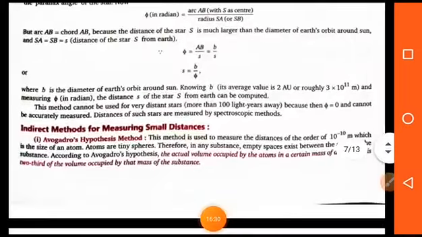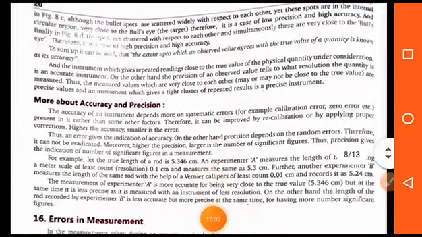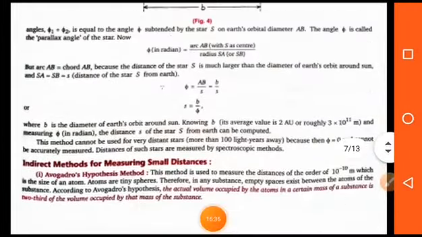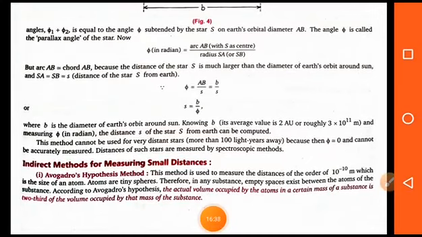Now, students, in this video we discussed what is measurement of physical quantities, what are the fundamental quantities, what are the derived quantities, how we can relate fundamental quantities with derived quantities, and some methods by which we can find the distance, size, and mass of any object.